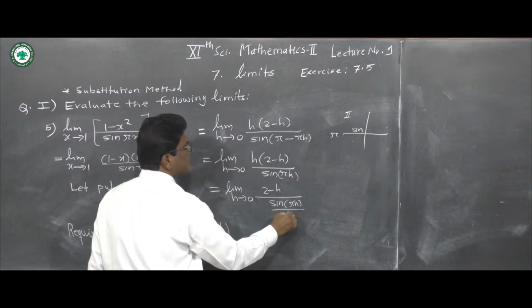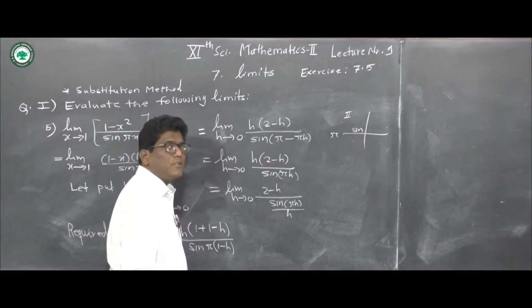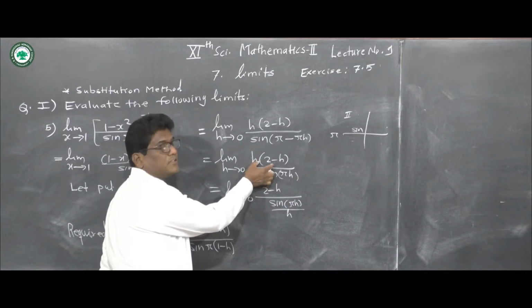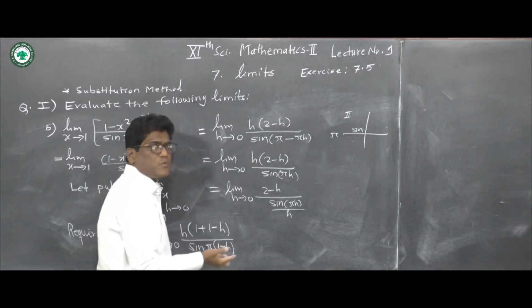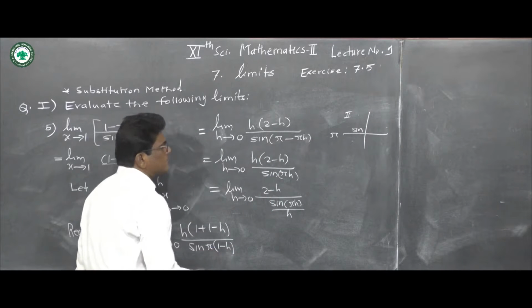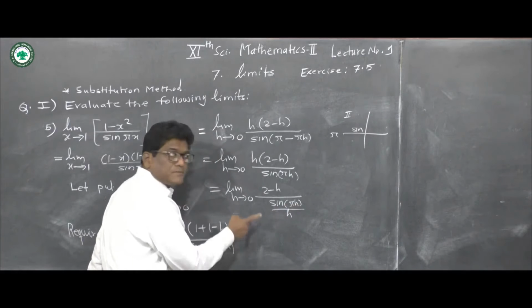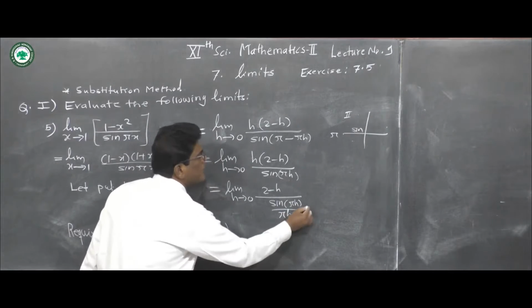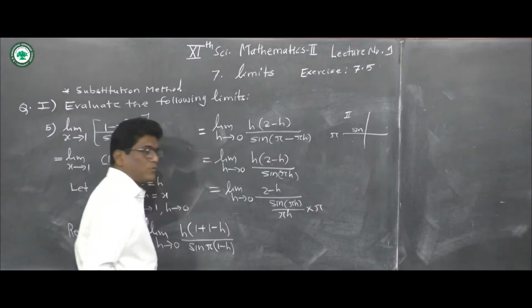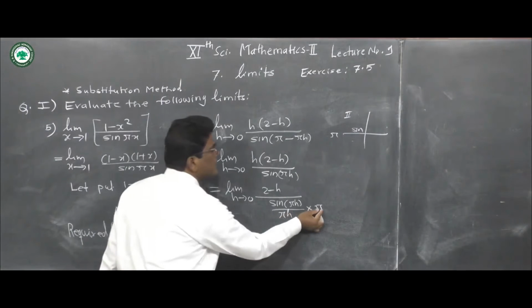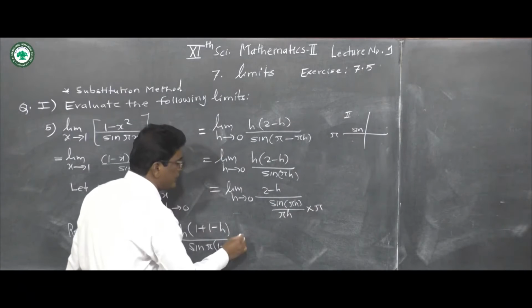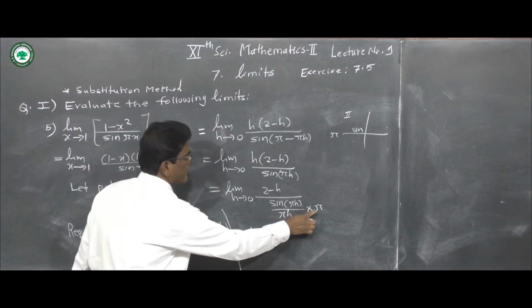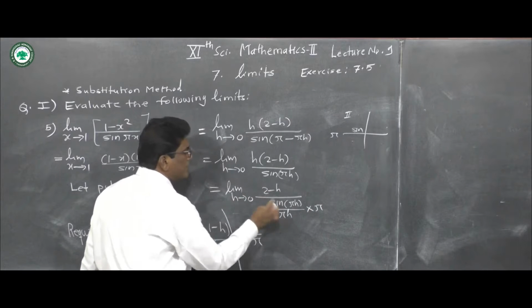We carry this h in the denominator, or we may say divide numerator by h and denominator by h, same procedure. Now here this is pi h, we want pi here, so we multiply and divide by pi. This pi, which is constant, we take outside the limit, so it is equal to 1 upon pi, and we separate the limits of numerator and denominator.